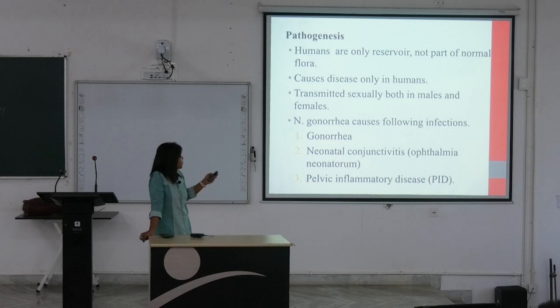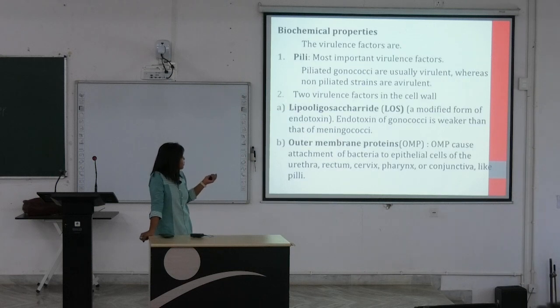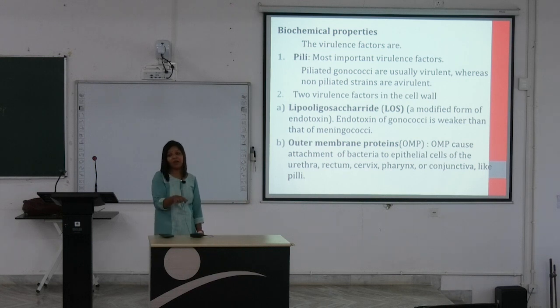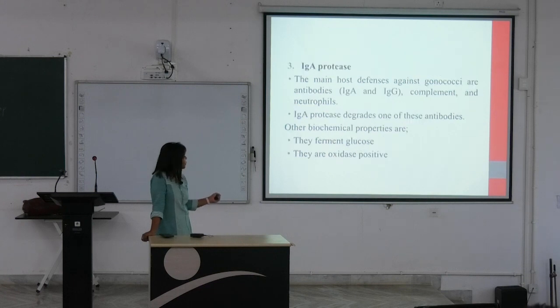Here you can see rectum, and urethra for the males. These are the normal places where they can stay. Pili helps to bind the bacteria itself with the mucosal layer structure, so this pili helps the bacteria get attached to the mucosal membranes.